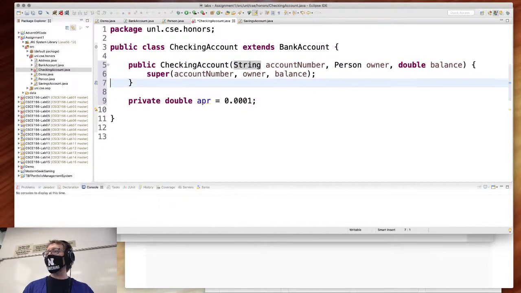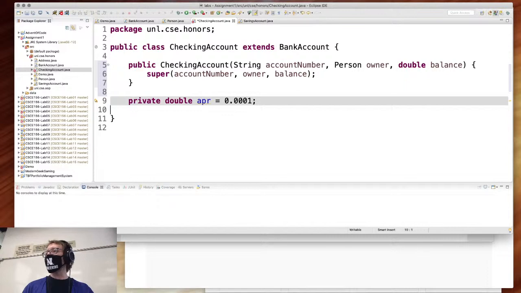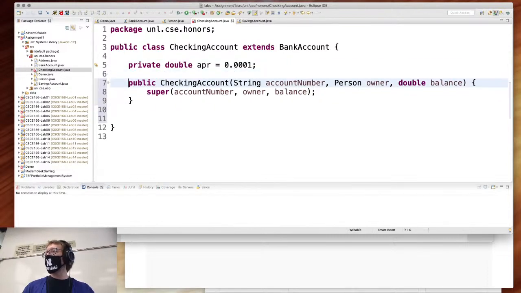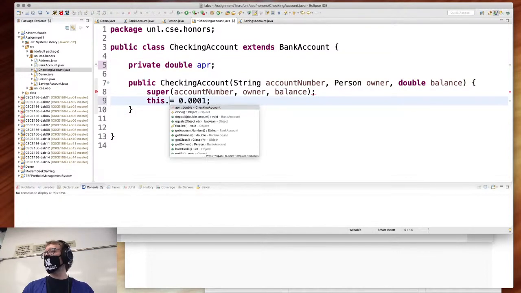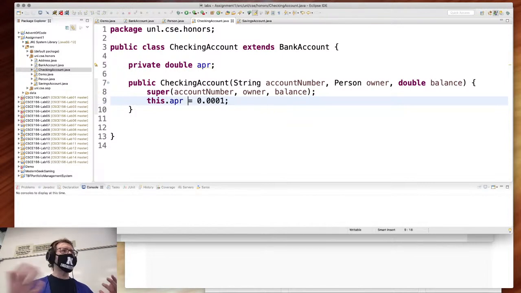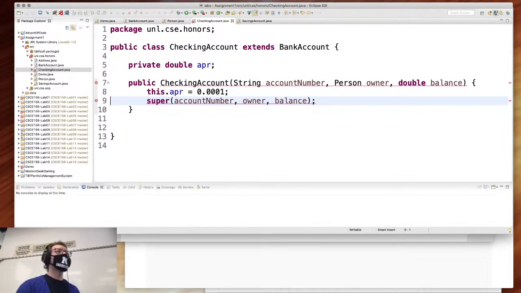There are no checking account aspects to this, except for maybe the APR, right? I could set this.apr. We could take that as part of the input if you really wanted to. I'm just going to hard code it for now, right? Would it make sense if I did the APR first?